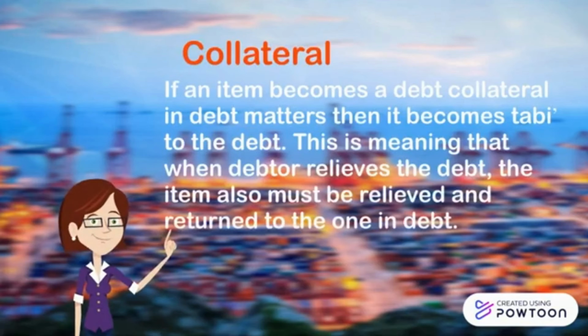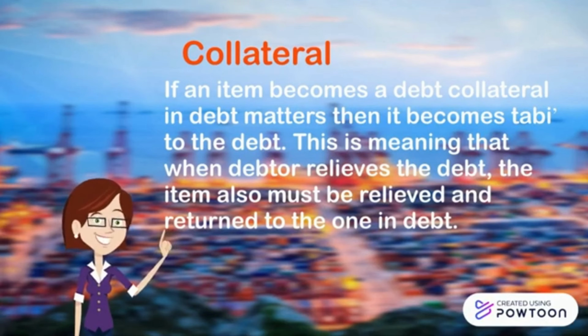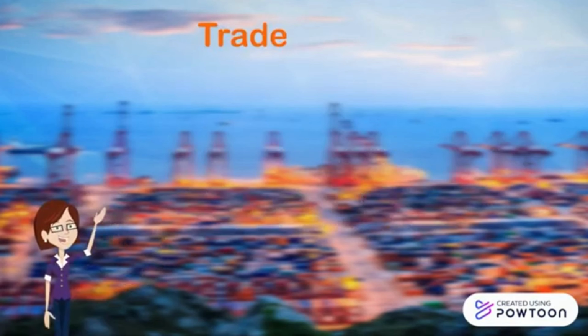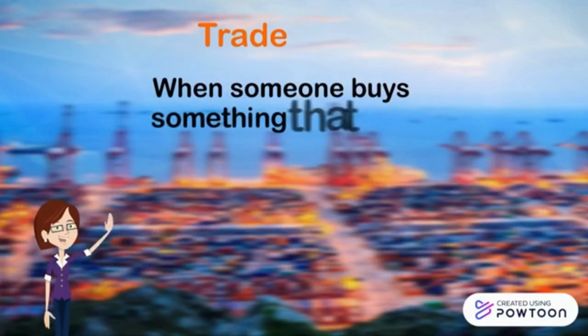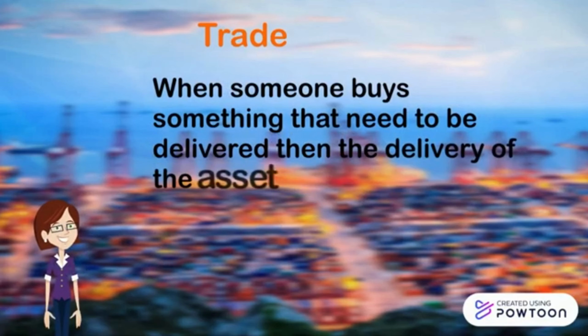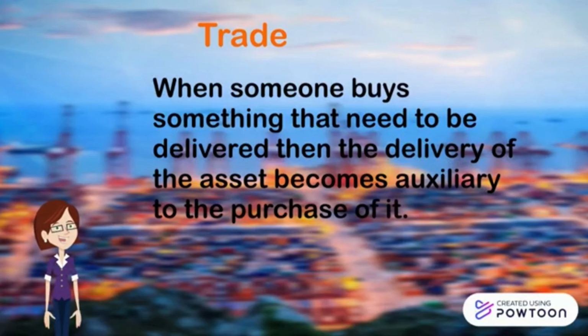If an item becomes a debt collateral in debt matters, then it becomes tabi' to the debt. This means that when debtor relieves the debt, the item also must be relieved and returned to the debtor. In trading, when someone buys something that needs to be delivered, then the delivery of the asset becomes auxiliary to the transaction.